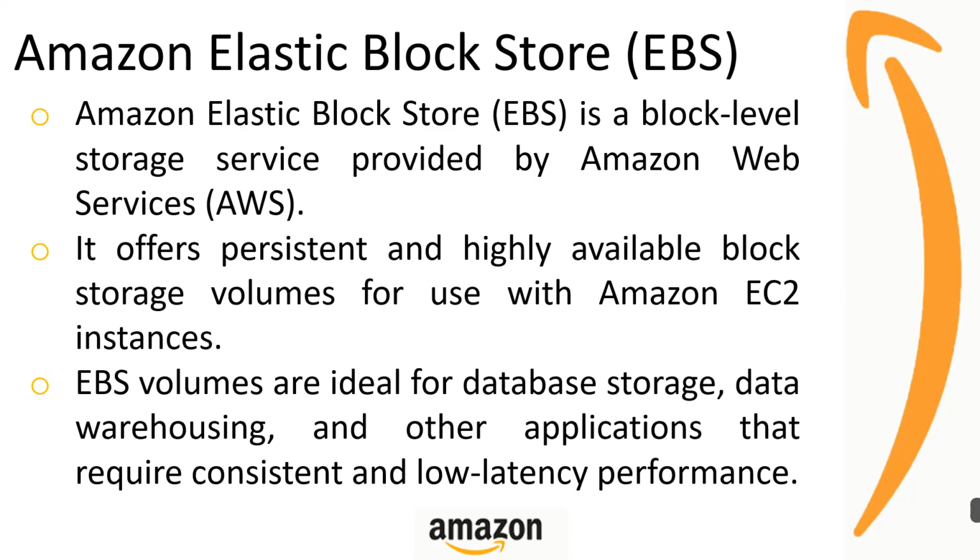This storage is our EBS, and in this Elastic Block Storage we can install our OS, right? But in S3 we cannot install the OS. That's actually a major difference between EBS and S3. In EBS we can install our OS, but in S3 we cannot install the OS, right?